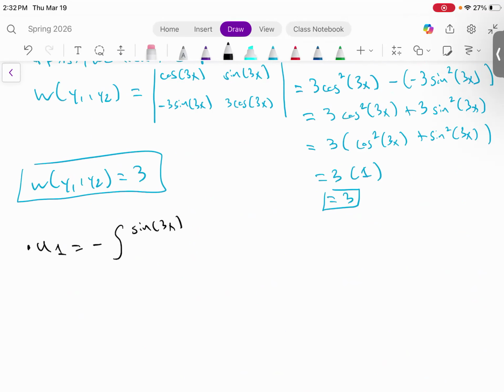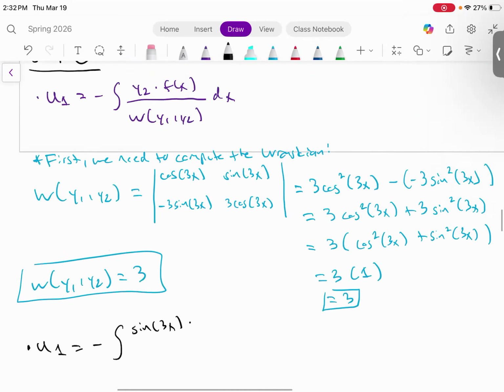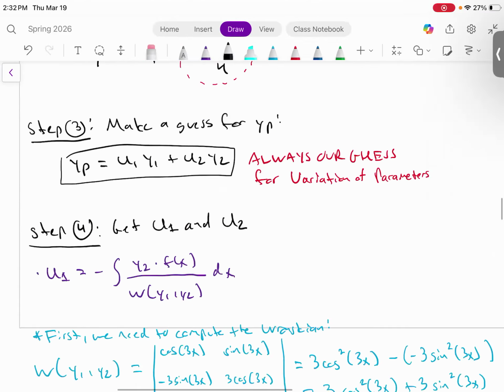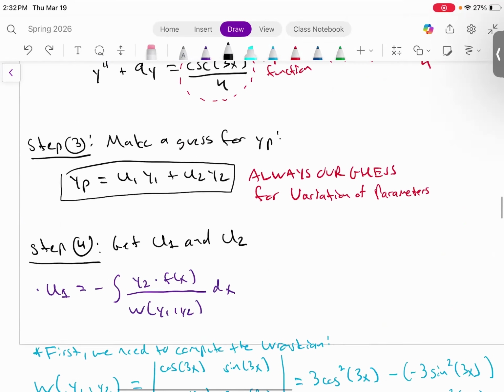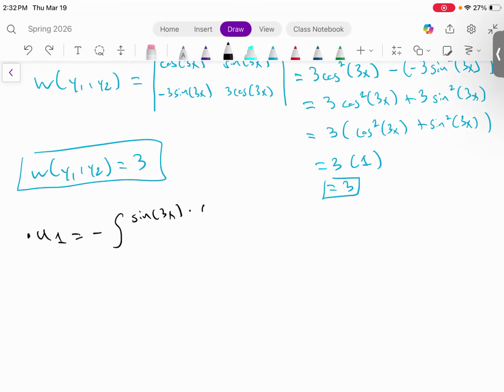Sine 3x times our function f of x, which is cosecant 3x over 4, all divided by the Wronskian, which is 3, and then dx.